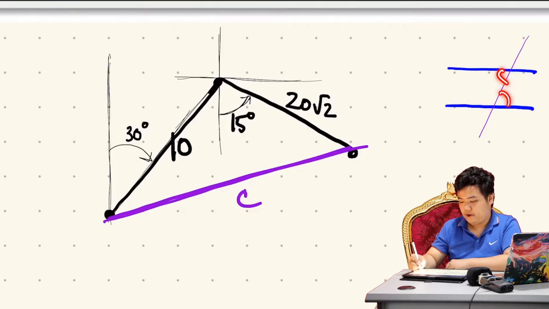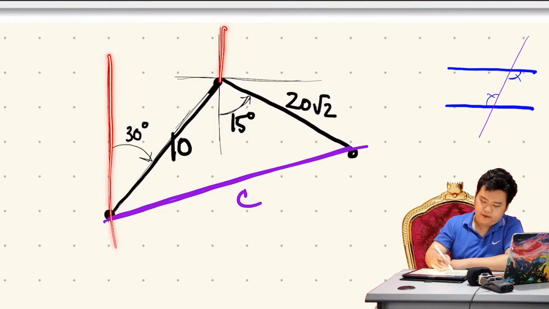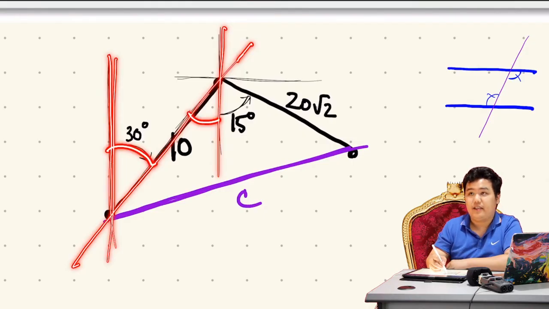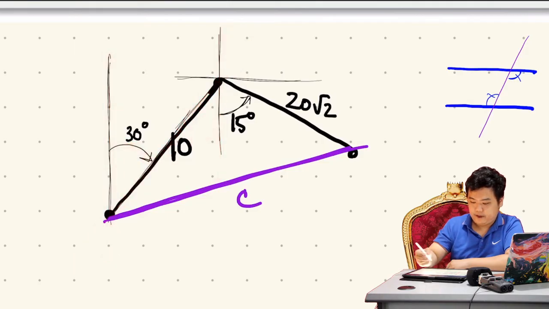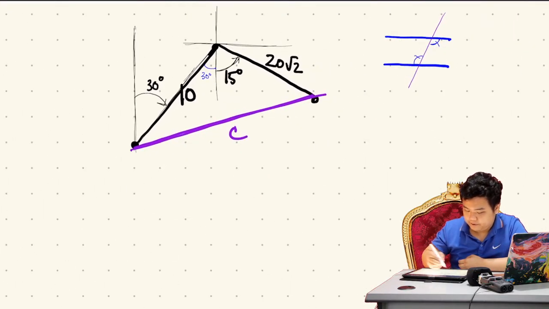And these two are congruent. So, dito, may dumaan na line. So, ito and ito are alternate interior angles. So, this is also 30 degrees. Okay? This is 30 degrees. Okay, drawing ulit natin yung triangle half.